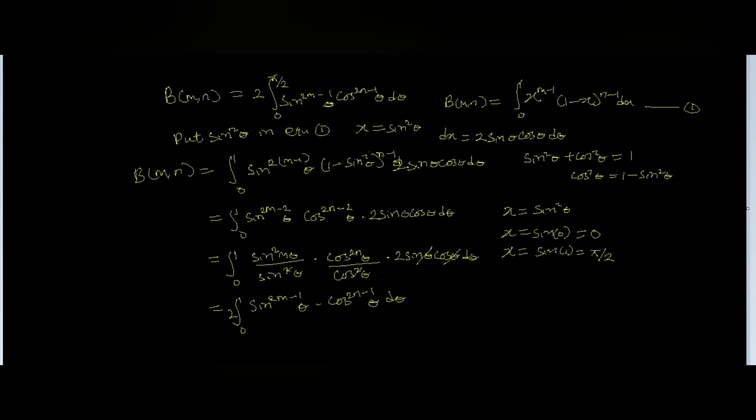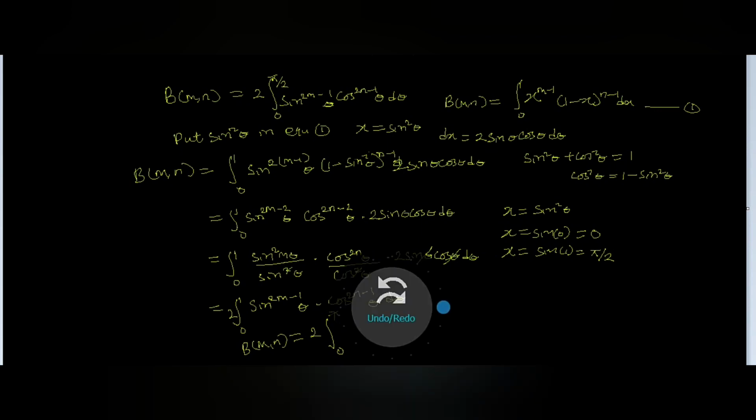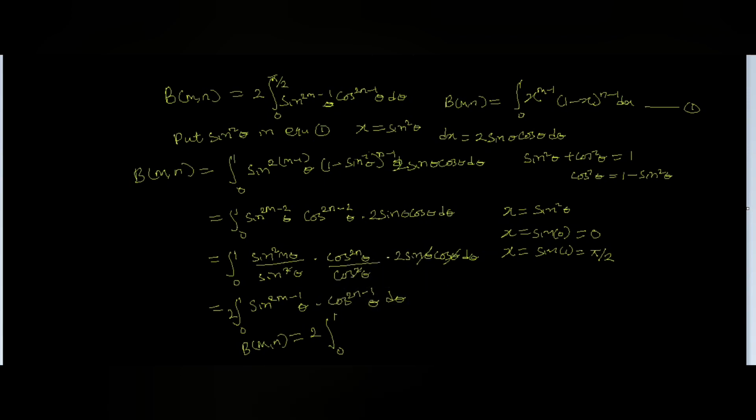That's why beta(m, n) will now be equal to 2 times the integral from 0 to pi over 2, so let me write that, of sine to the power of 2m minus 1 theta, cos to the power of 2n minus 1 theta, d theta.